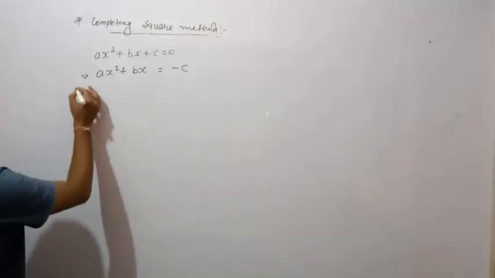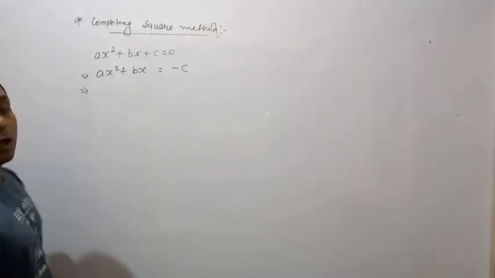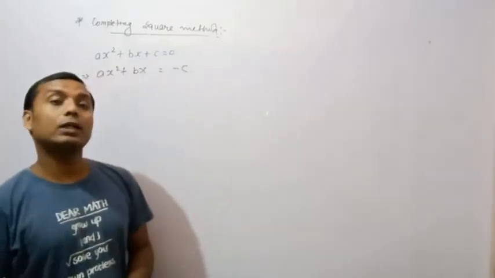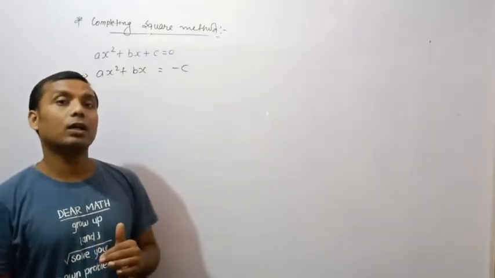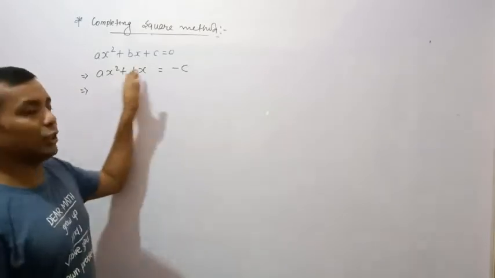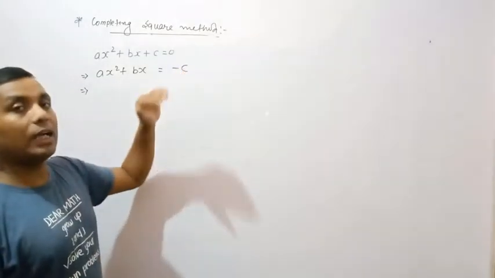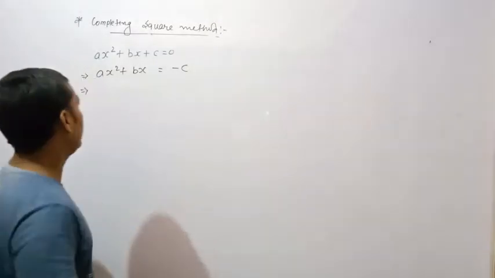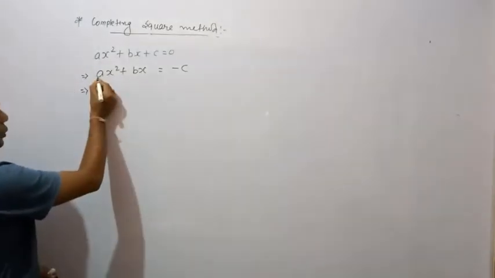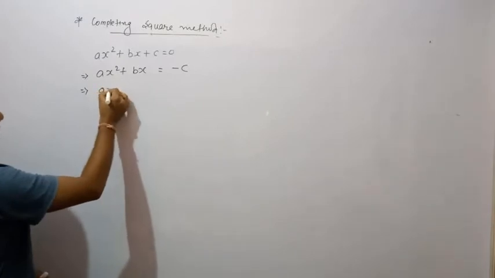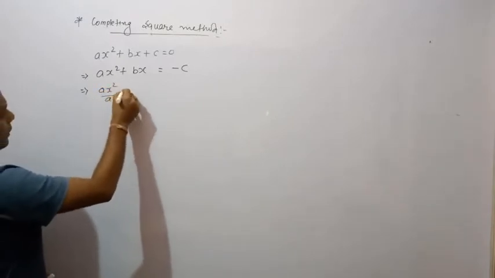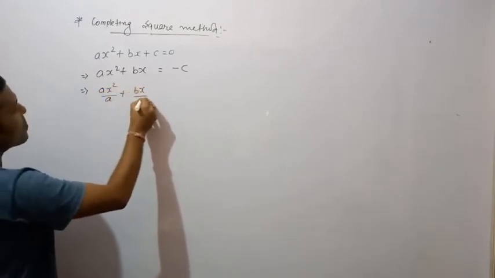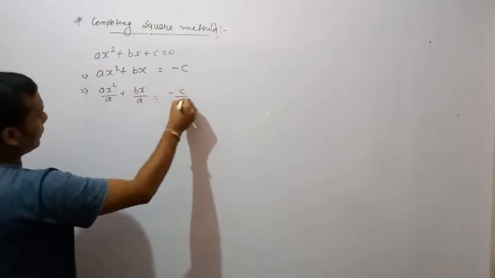For the second step, we divide the LHS and RHS by the coefficient of x square. Here the coefficient of x square is a. That means ax square divided by a, bx by a, as well as minus c by a.